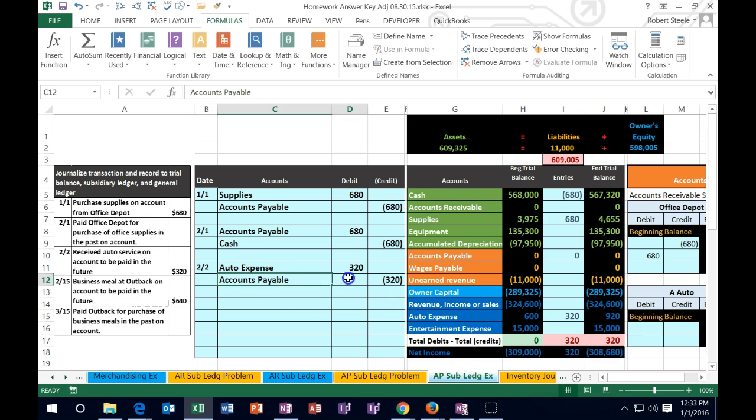Now we're going to post the other side to accounts payable. So here's accounts payable. Here's accounts payable on the trial balance. There's something in it, even though it's 0. What's in it? E6 plus D8. We don't want to delete that. We're going to double click on that, go to the end of it so that we can see the activity within here, and then say plus and point to that 320, which will make the accounts payable go up to 320 and put us back in balance.